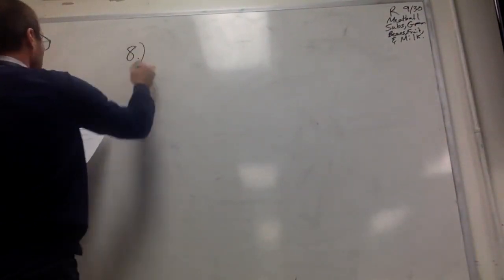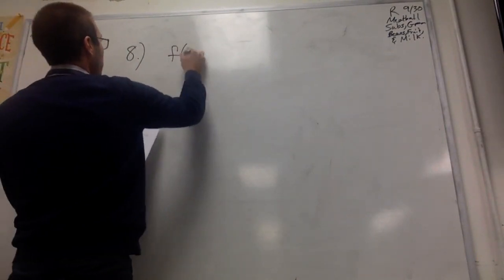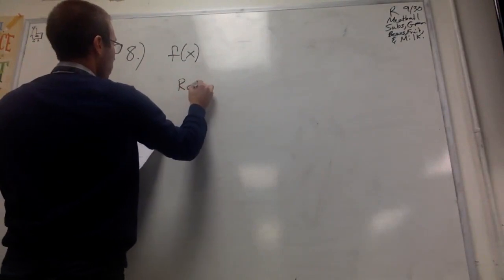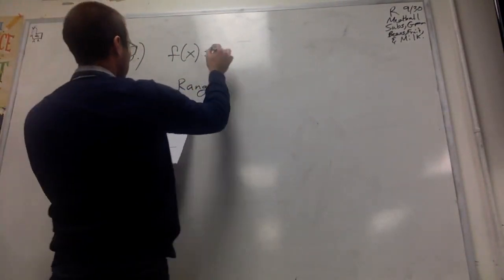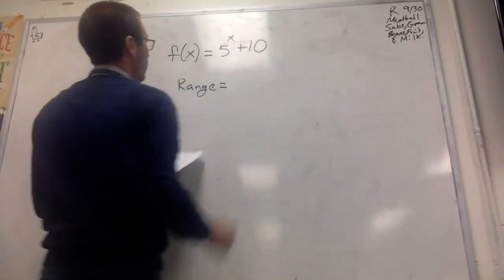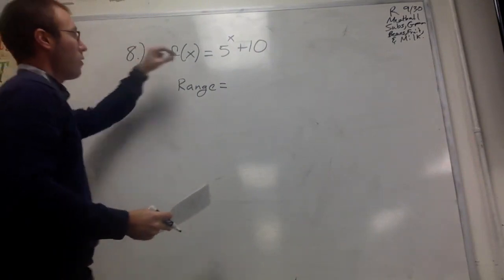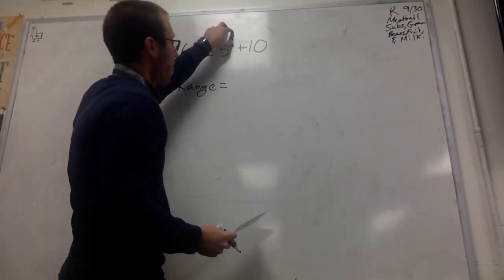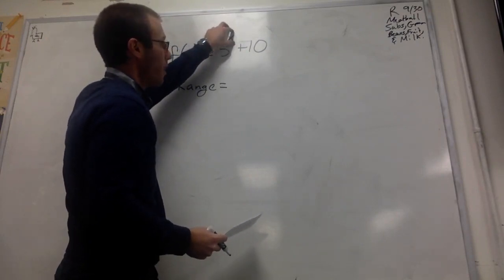Eight says, what is the range of the function? To determine the range of the function f of x equals 5 to the power of x plus 10, if I plug in a value like negative 1,000 here, I raise 5 to the negative 1,000 power.